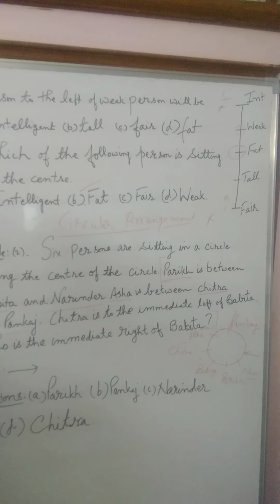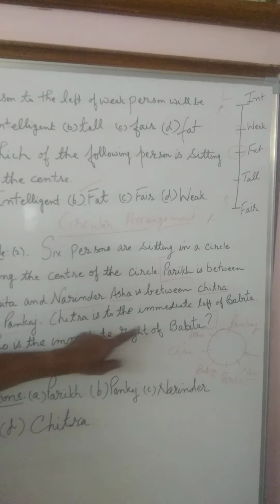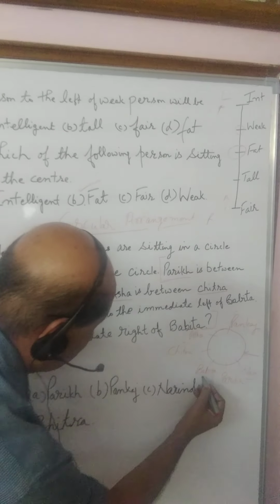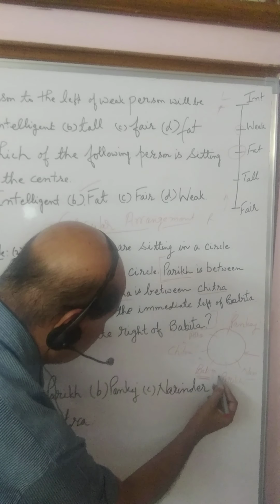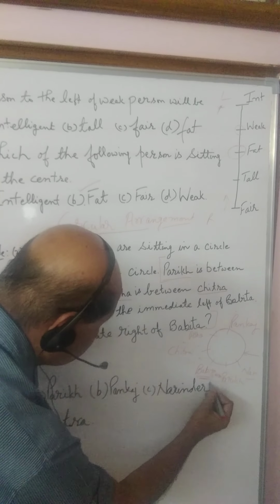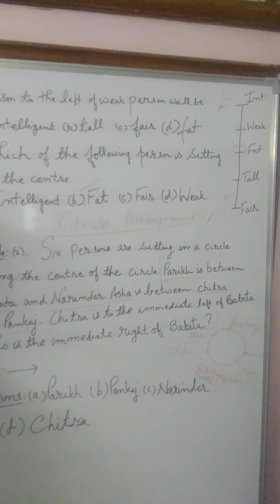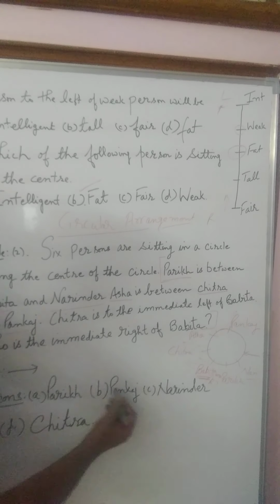Now the question is, who is the immediate right of Babita? Babita is sitting here. Now the question is, who is to the right of Babita? It is Parik, and from here we check the options: Parik, Pankaj, Narendra and Chitra.